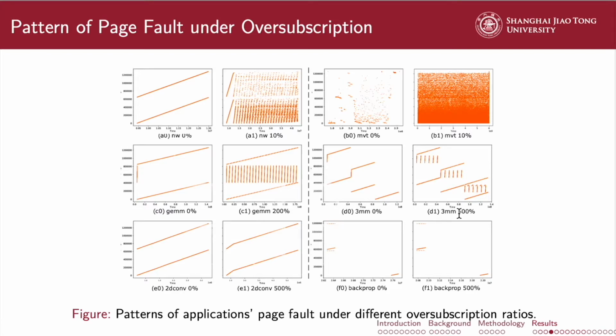When the data needs to be accessed again, the page will be moved to the GPU again. Thus, some pages may fault multiple times, as you can see from here. And the faulted pages show a line-like segmented pattern. We also found that each segment corresponds to a separate data structure of the application.